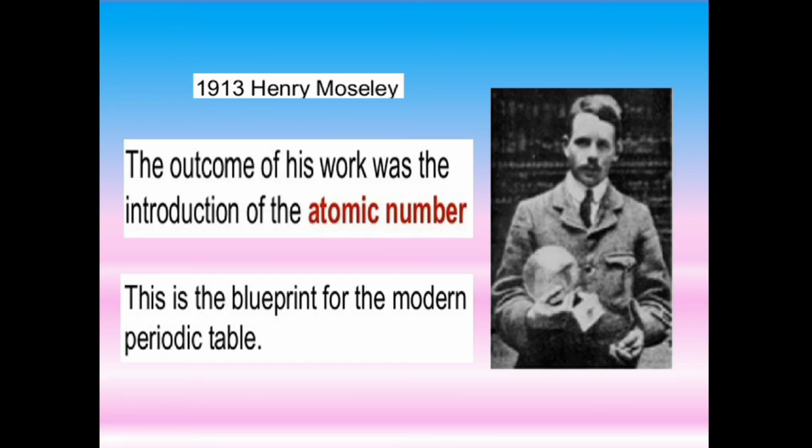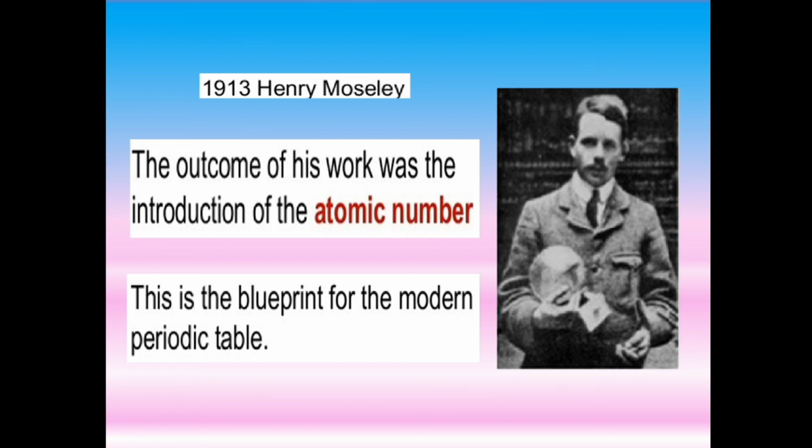Moseley, in 1913, was the one who took the actual credit from Mendeleev's periodic table, and he said that instead of arranging the elements based on atomic masses, if they were arranged based on atomic number, whatever limitations Mendeleev had could be eliminated. This was the blueprint for the development of the modern periodic table.